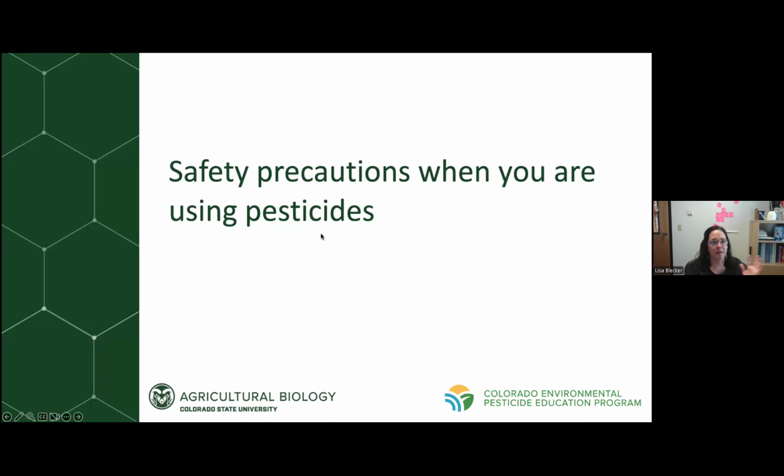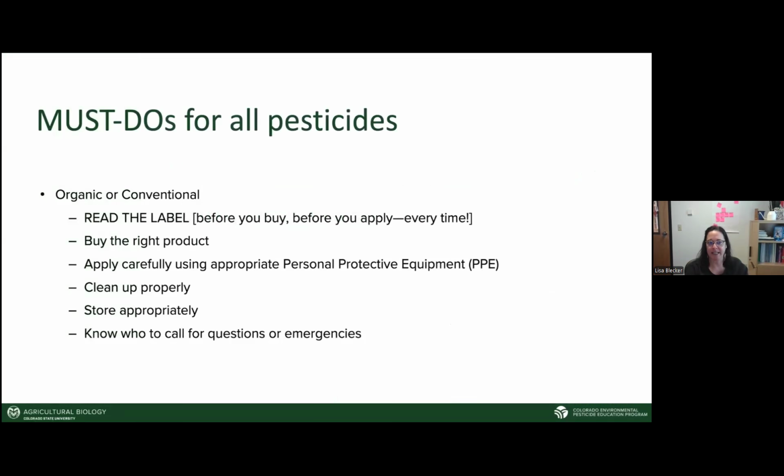So let's talk very briefly. I referenced some of them, but safety precautions when you're using pesticides. Basically, whether you're using an organic pesticide or a conventional, whether it's a caution, warning, or danger, you got to read the label. Read that label before you even purchase it to make sure that you're purchasing the right pesticide.